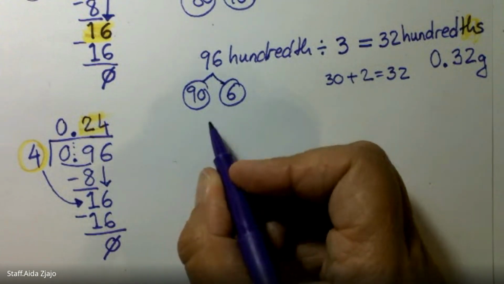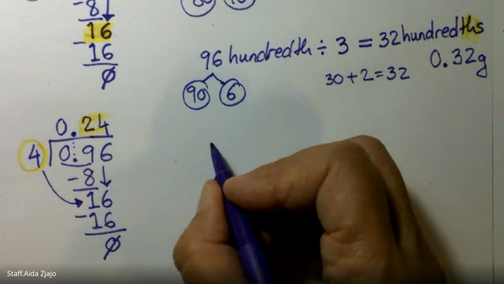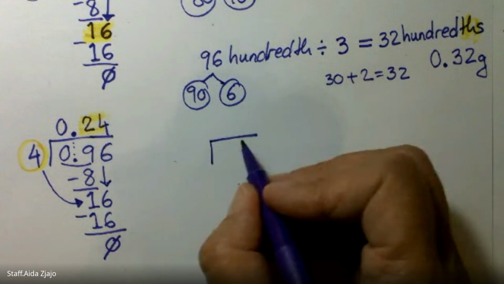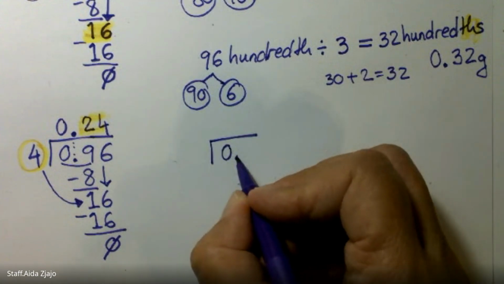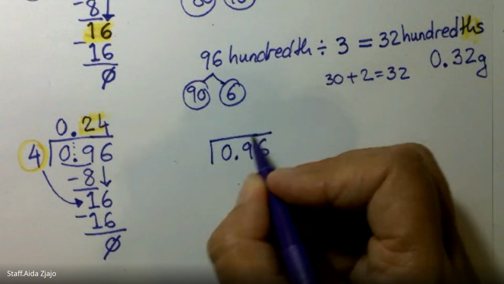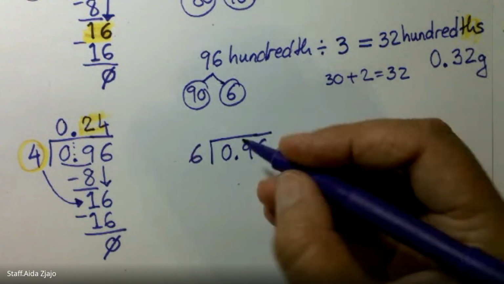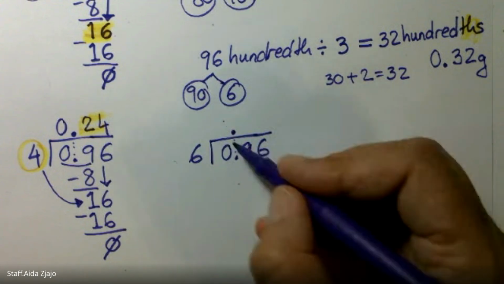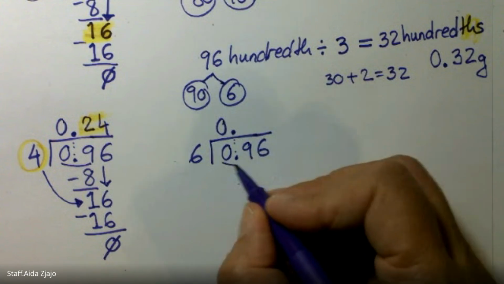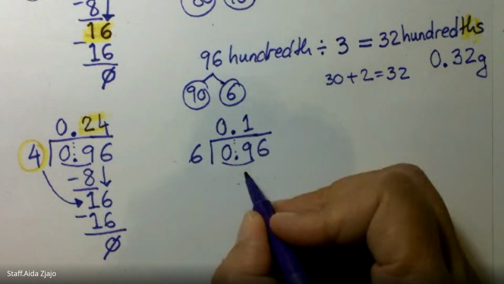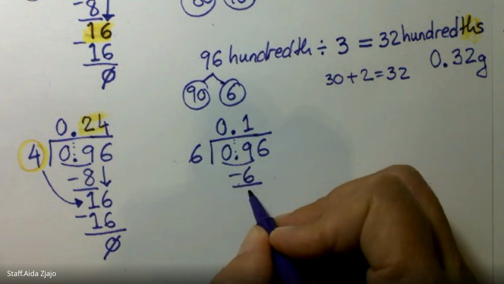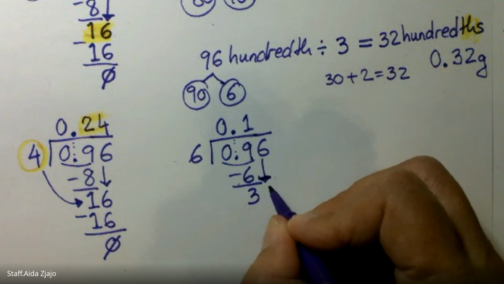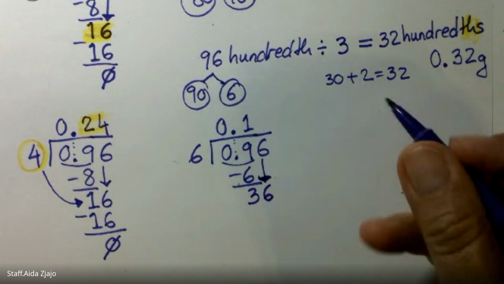Let's see one more. I can do 0.96 divided by 6. It's going to be the same: 0, and that is 1. 1 times 6 is 6. When you subtract, you get 3 left over. You bring down the 6 hundredths.